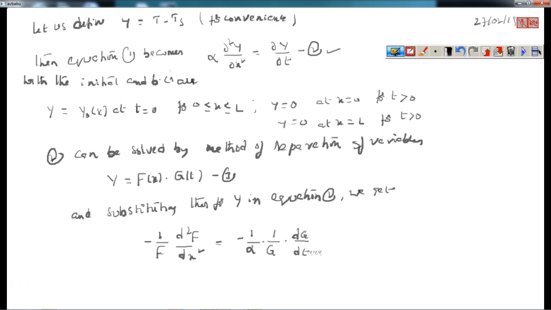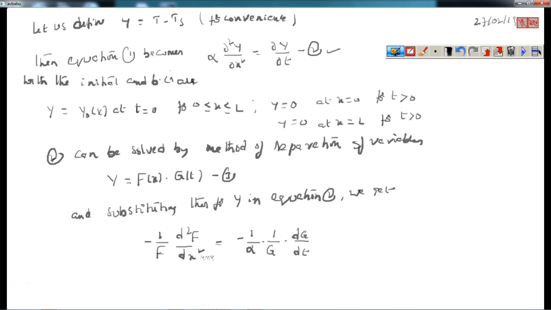It is only a function of x on one side, so I am bringing the f related variables to one side and the g related variables to the other side. This is separation of variables.